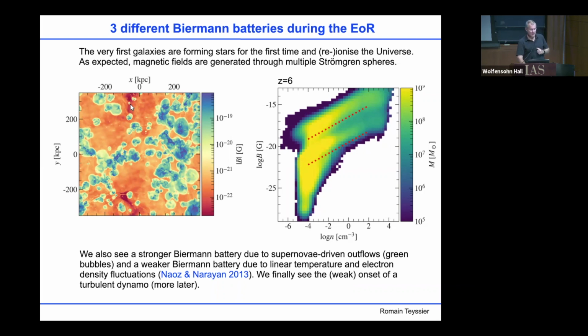First surprise. And second surprise, we see this gigantic blue region that you see here, which are actually galactic outflows. And they also generate their own field, which is actually more intense than the field generated by the photoionization of the Strontium spheres. So we went back to the literature, and we realized that almost 10 years ago, Naoz and Narayan worked out the linear regime of the Biermann battery by just solving the linear equations of cosmological perturbation theory.